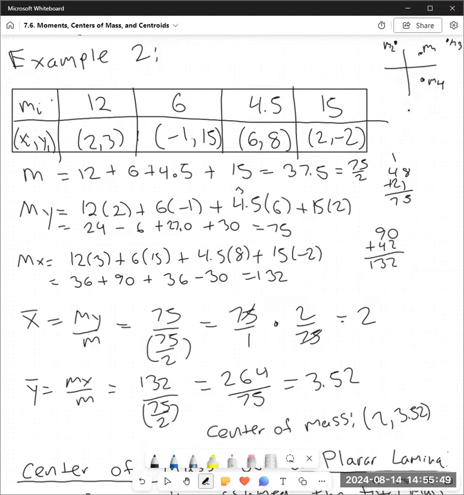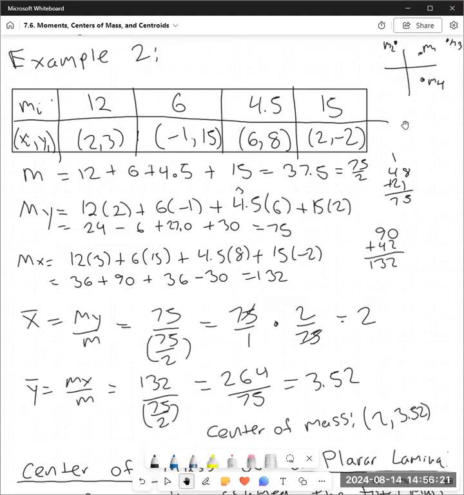So the total mass of the system is 12 plus 6 plus 4.5 plus 15, which is 37.5, or 75/2. My m sub y is going to be my m's times my x's all added together. And that gives me 75. My m sub x is going to be my m's times my y's all added together. And that's going to give me 132.